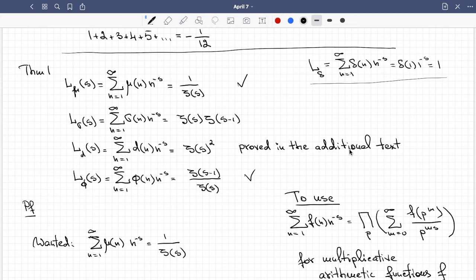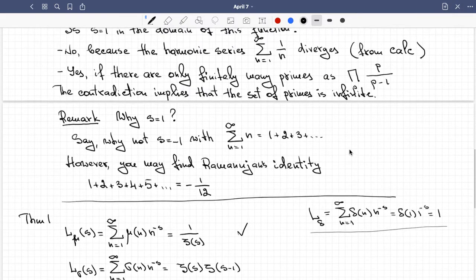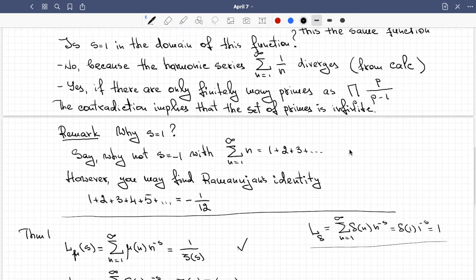I think that is enough. The proofs are kind of similar. I will not do the last one. And that was all about Euler products.